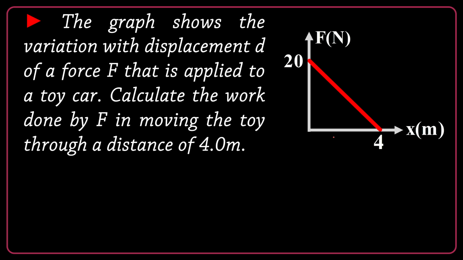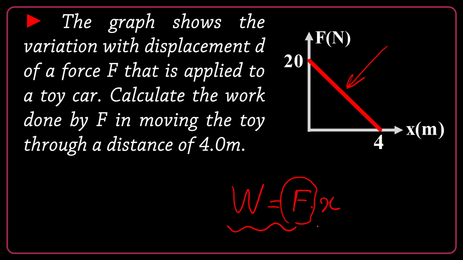It's very easy. When I use W equals F x cosine of theta, we have already supposed that F is constant. For the case that F is changing as a variable value, normally you cannot use this formula easily. You should use integration. Actually, the work done is the integral of F times dx.